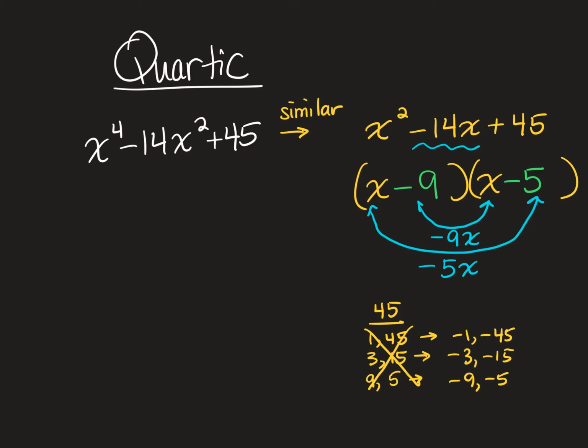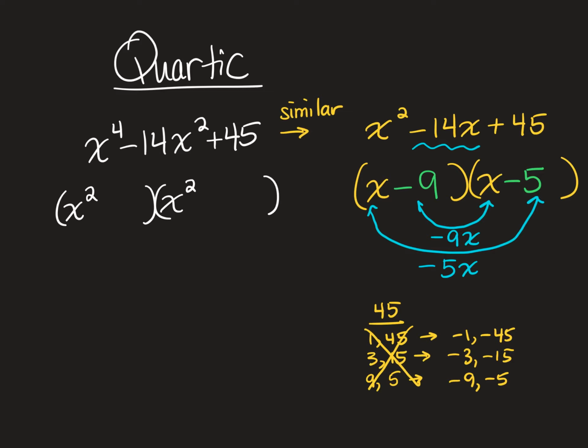Now here's the thing. Our quartic, the only thing that's changing is the fact that instead of getting x squared when I multiply my first two terms together, I need to get x to the fourth. So to get x to the fourth, I need to think about this as being x squared times x squared.